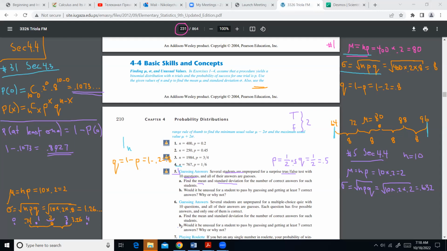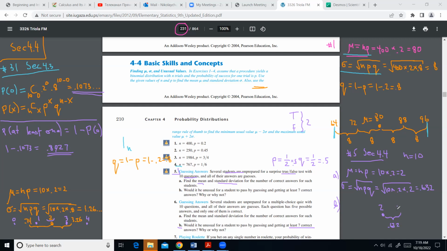Then part B says at least 7 correct answers. To pass, people need to get C or better, right? And C is like 70%. So if you got 70% or 80 or 90, then the person passed. So the question is, how likely is it to get that many correct guesses, based on your mean, which is 2, and the standard deviation, which is 0.63.